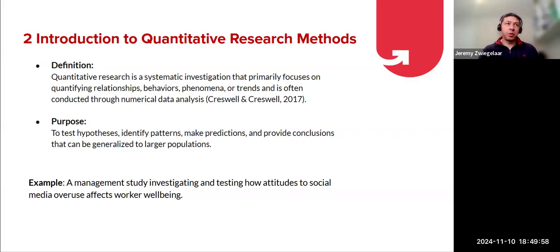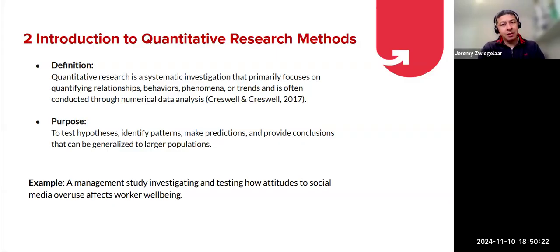So we might do a survey and test from that survey, find out what the sample thinks about either the behaviors or the relationships or the phenomena or trends really around what we're trying to find out.